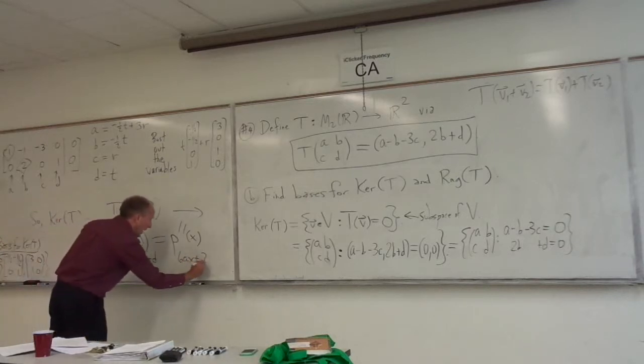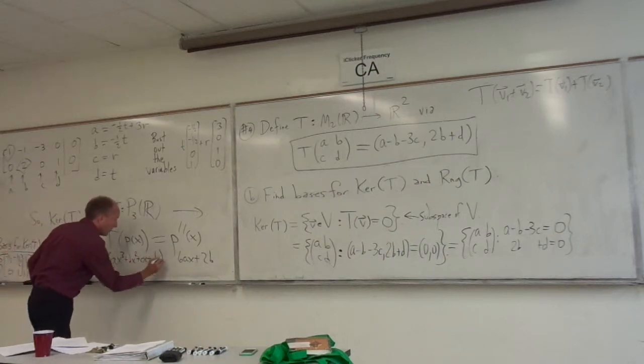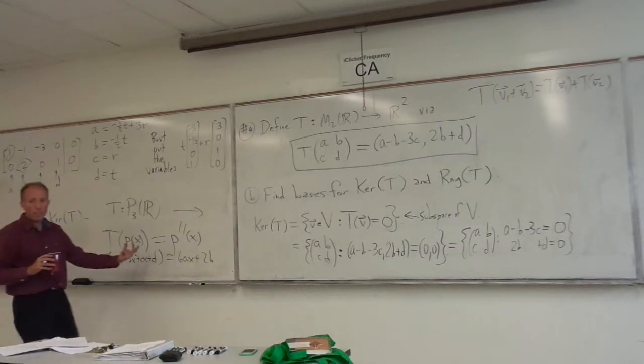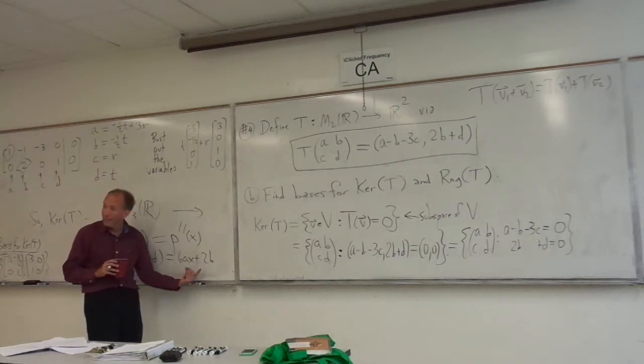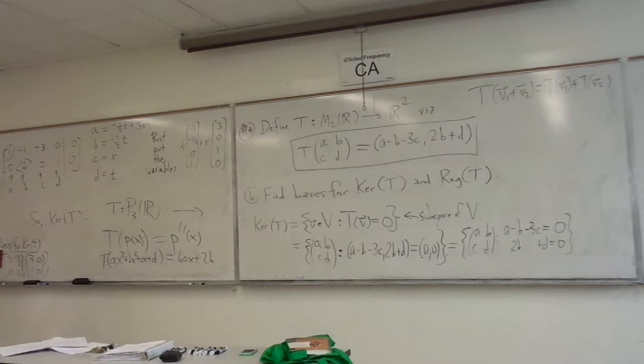So it'll be something like that. T of that equals that. And then you do it just like before. You set this part equal to 0. It creates equations involving the A, B, C, and D, and so on.